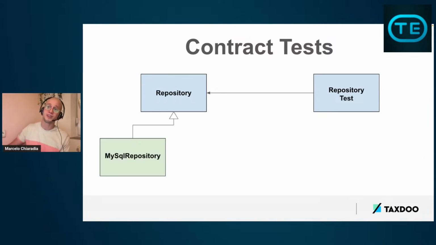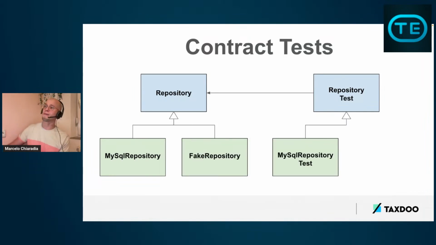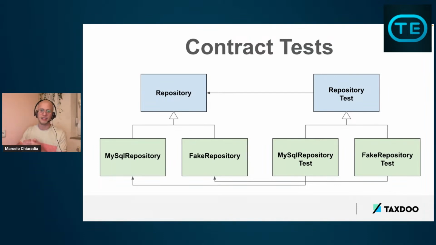Then we have the implementation of MySQL, and we have the fake implementation, and then we will have a test on the MySQL repository and a test for the fake. Yes, we will have a test for the fake, and the MySQL test would target the MySQL repository, and the fake test would target the fake. And in this sense, both implementations would have to pass the test for the same interface, and they would tell us roughly if both things work similarly.